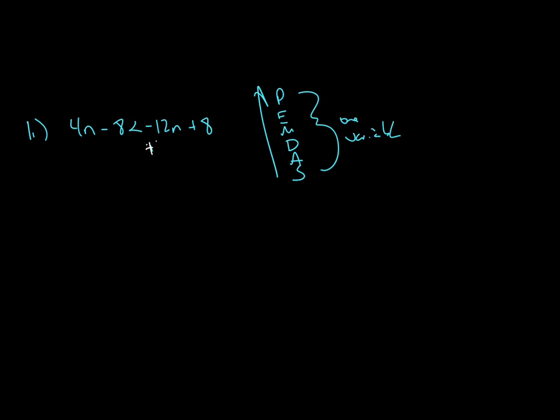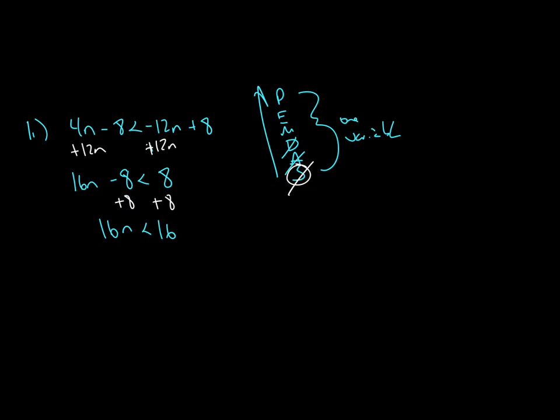So I'm going to add 12n to both sides. It's going to give me 16n minus 8 is less than 8. Now, I'm going to add 8 to both sides because I want to get rid of the subtraction. I end up with 16n is less than 16.